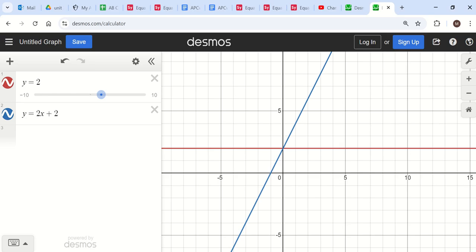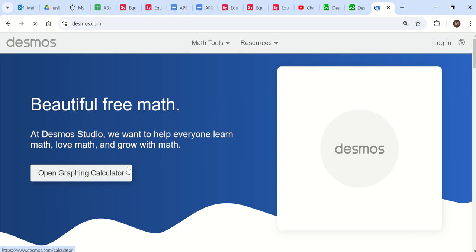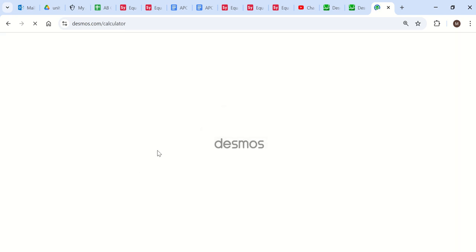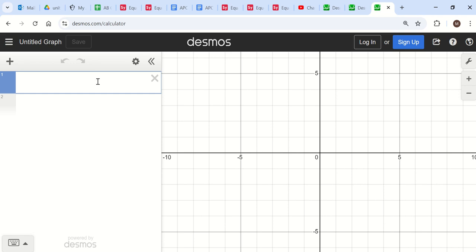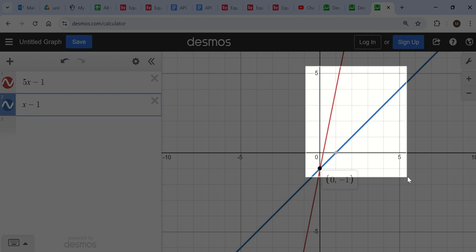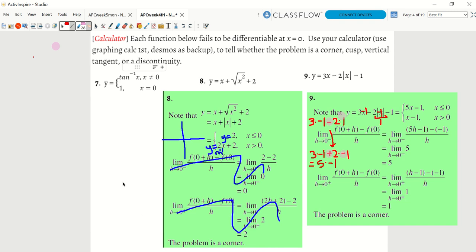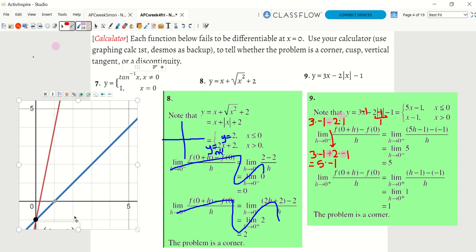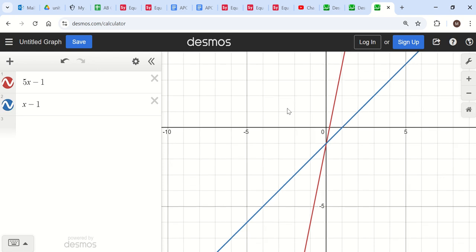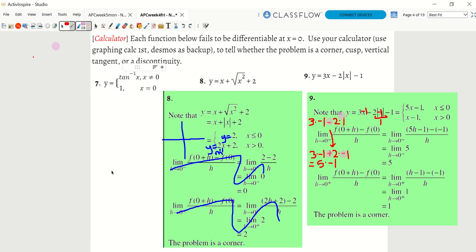Now let's use Desmos. 5x minus 1 and x minus 1. I copied and pasted the wrong section, or not big enough of a section. x minus 1 is blue.